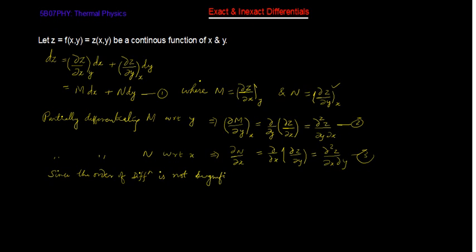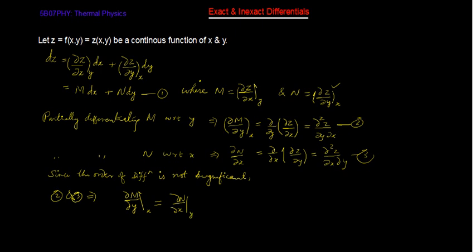What I can write from equation 2 and 3: equation 2 and 3 imply that dou m with respect to dou y, keeping x as a constant, is equal to dou n with respect to dou x, keeping y as a constant.